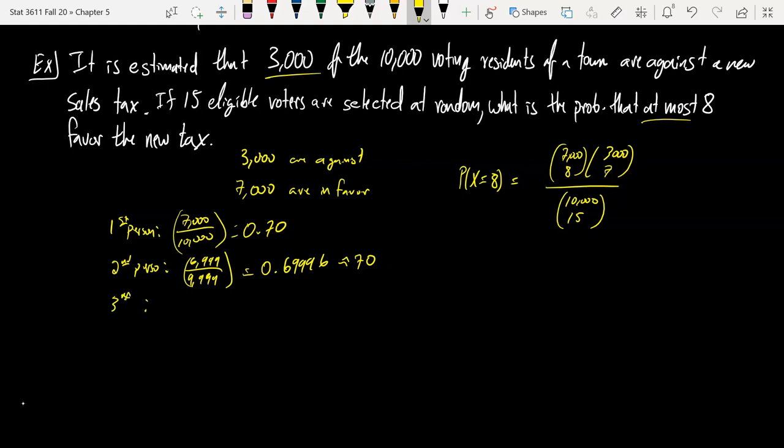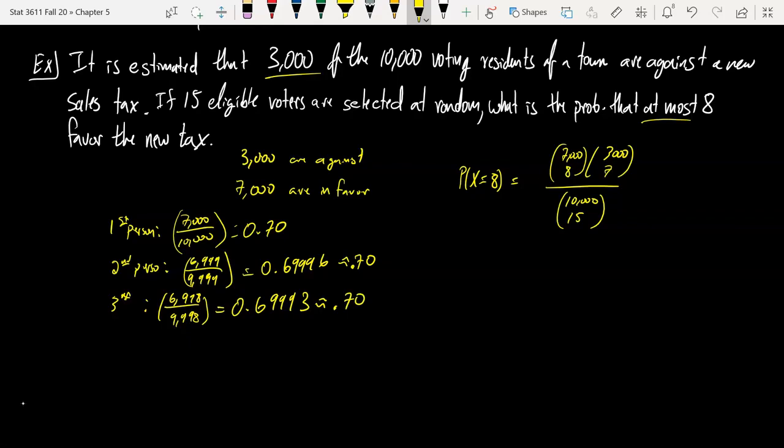What about the third person? Well, there's 6,998 people left in favor. There's 9,998 people left in the total population. So 6,998 divided by 9,998 is 0.69993, which is approximately 70%.